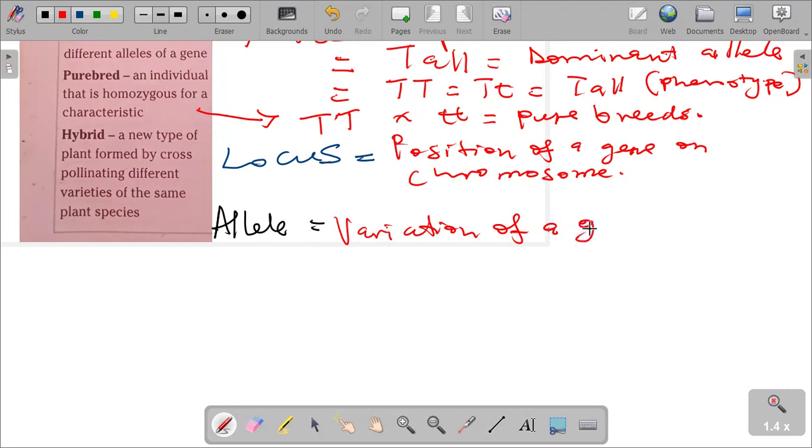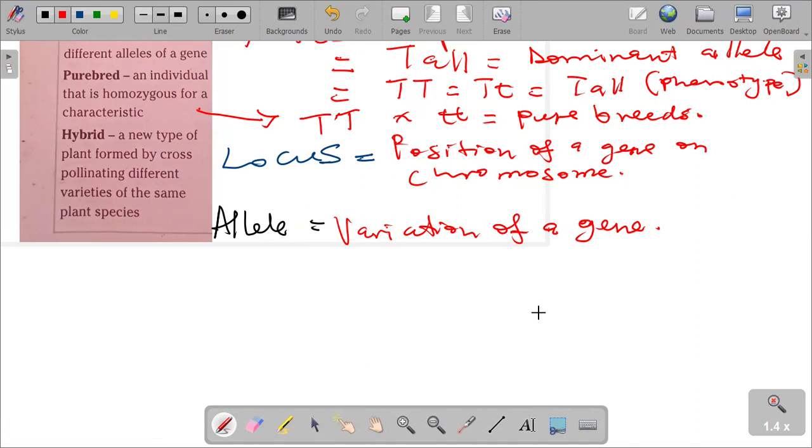For example, we can talk about the gene for height. We have got tall and short. Tall and short are variations of the gene for height. Then we are saying that is an allele.